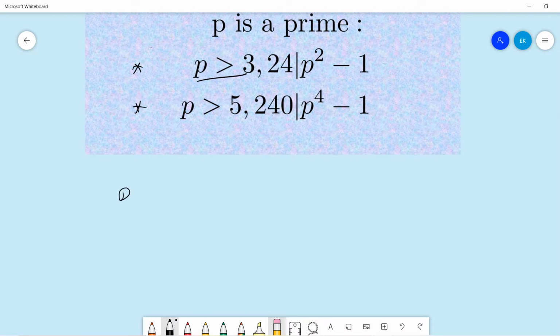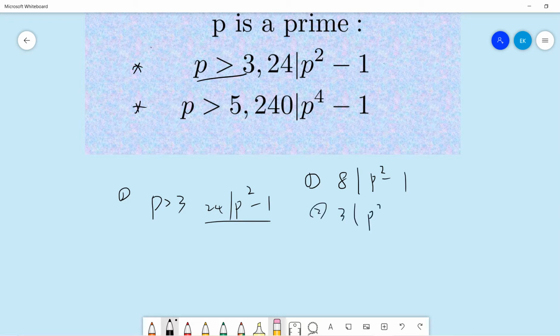So the first one should be a trivial one. Let's look at P greater than 3, right? In order to show 24 divides P squared minus 1, we should show that 8 divides P squared minus 1, and 3 divides P squared minus 1.